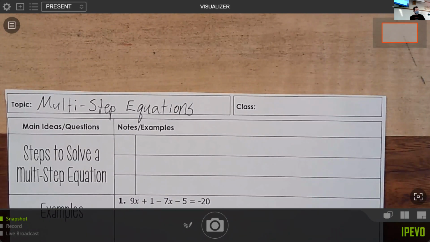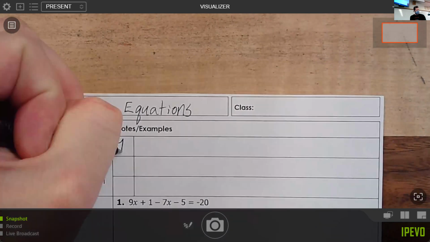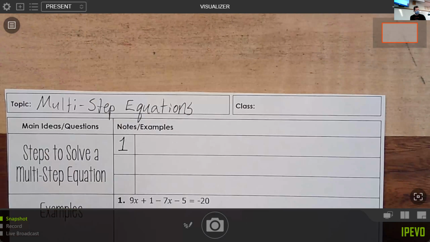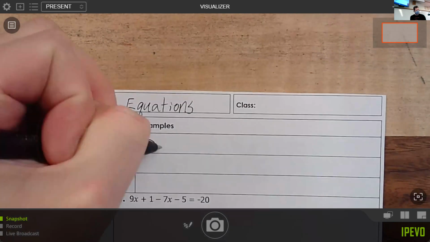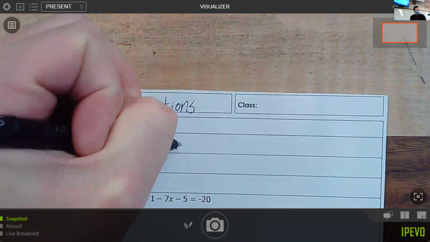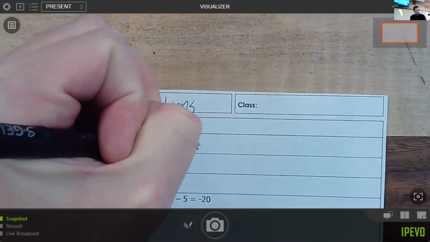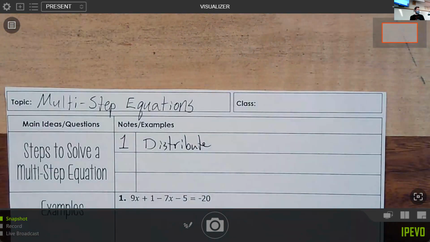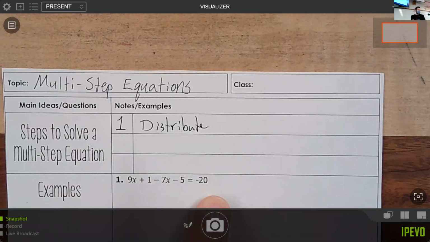So the first thing to look for is to distribute. If there is a place to distribute, that is where we're going to start. Now, if you look at example 1, is there anywhere to distribute on example 1 down here?